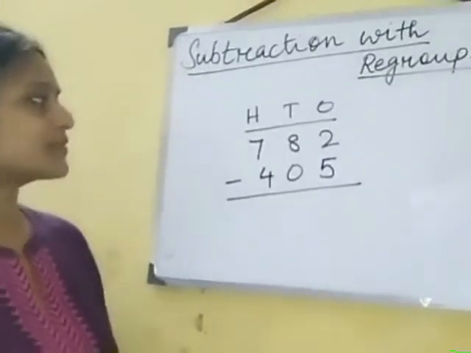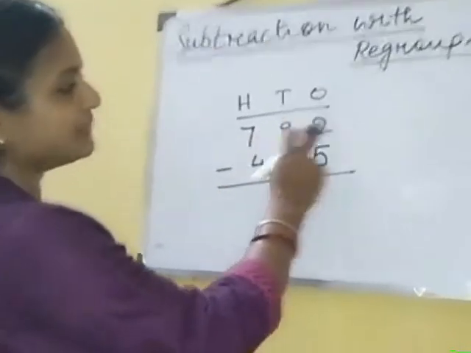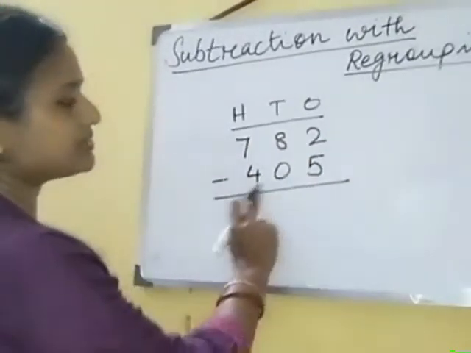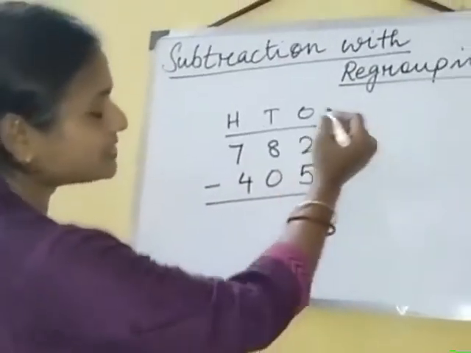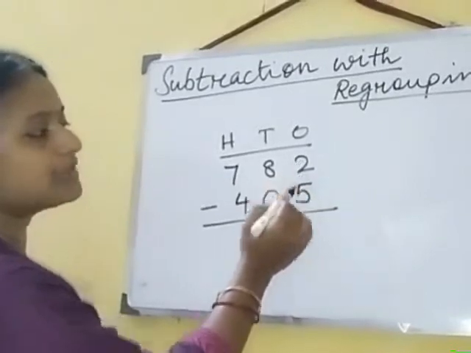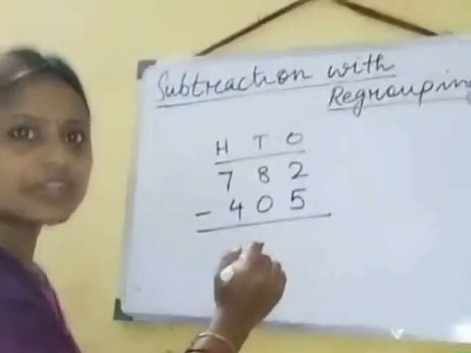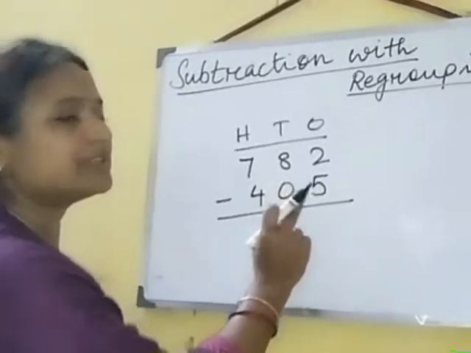So, let us do the subtraction. We know that the bigger number will be the minuend. This is the bigger number. This is the smaller number, 405. That is subtrahend. Now, in doing the subtraction in ones place, we can see that 2 is smaller than 5. So, we cannot do the subtraction. So, we have to make 2 a bigger number than 5.